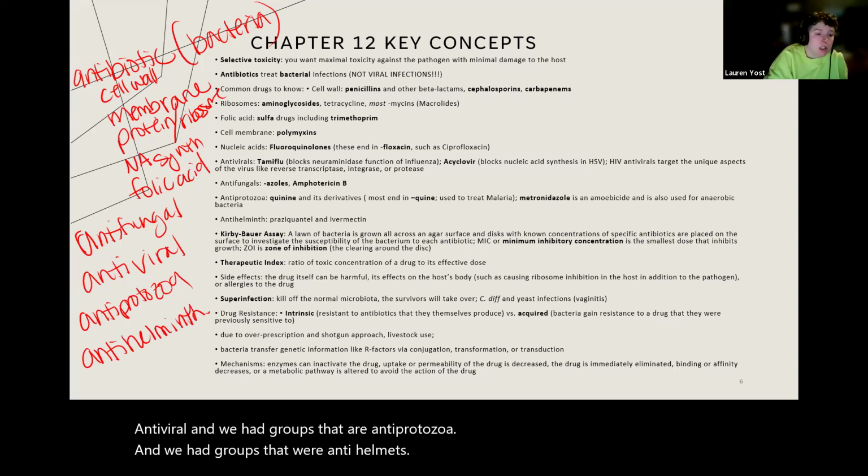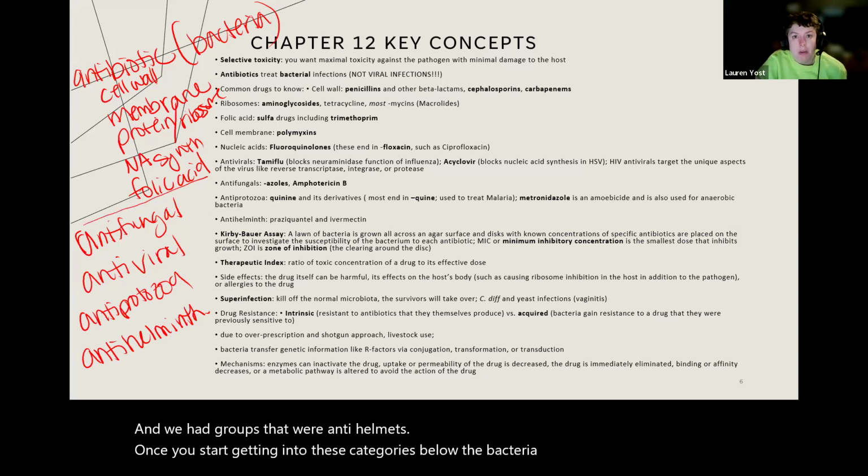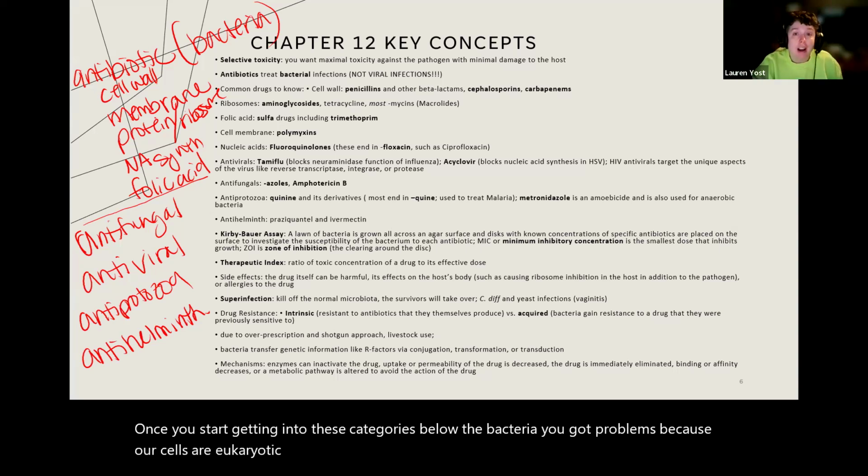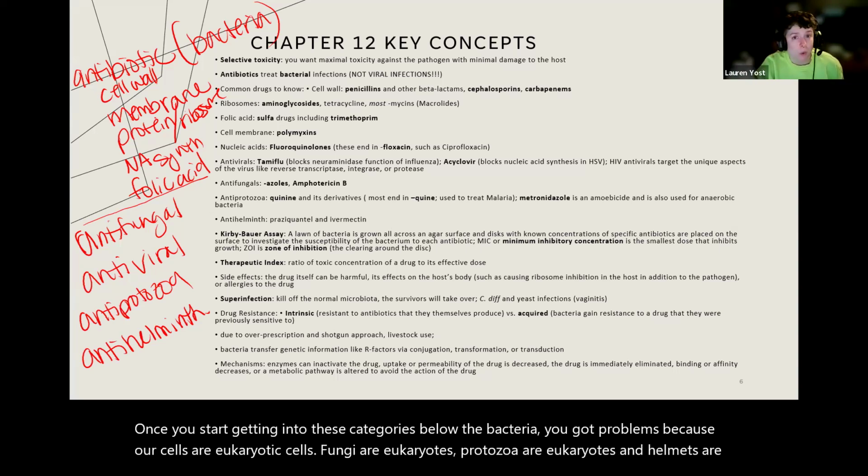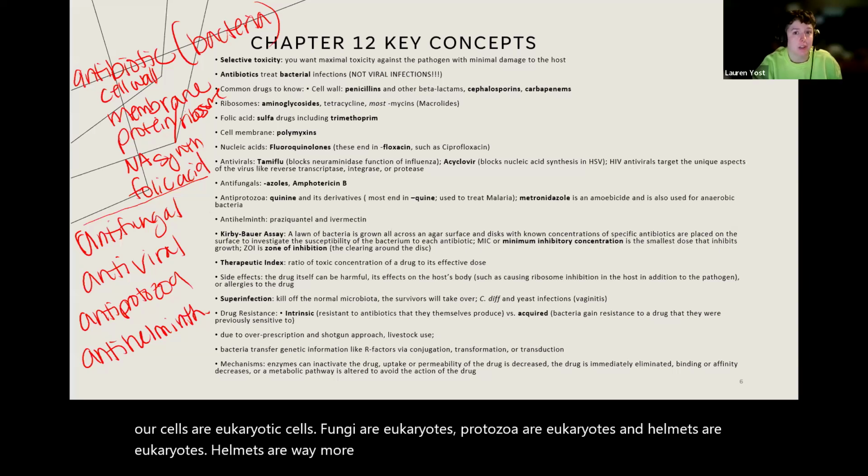Once you start getting into these categories below the bacteria, you got problems because our cells are eukaryotic cells. Fungi are eukaryotes, protozoa are eukaryotes, and helminths are eukaryotes. Helminths are way more closely related to us than any of these other guys because helminths are animals.